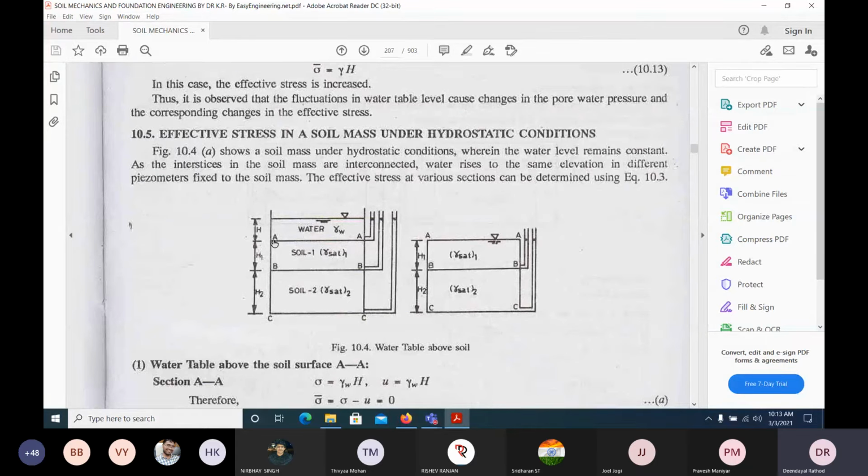Above the soil some water is there, like an ocean, a river, a pond or a lake. Now my question is, will that water above the soil affect the effective stress? If I want to find out the effective stress at a particular depth H, will it affect?